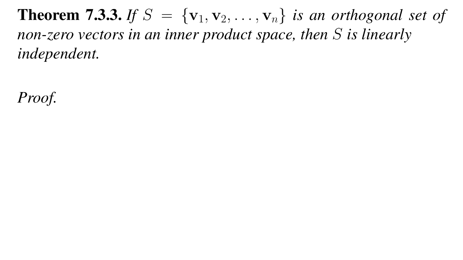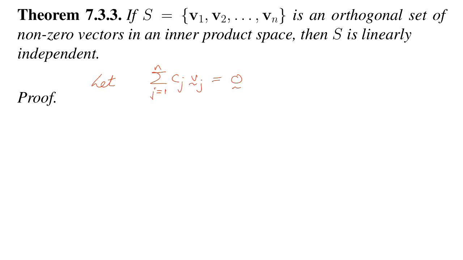All right, so why is this true? Well, we want to make a statement about independence. By definition, independence is the statement that the equation is only going to hold when all the CJs are 0. So we're going to have to somehow use orthogonality of our set of vectors to show that all the CJs are 0.